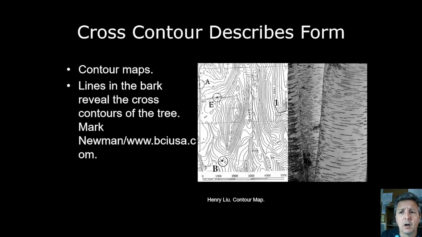So, cross-contour lines, what do they do? They provide a map of the surface of our projects or of our drawings. Instead of describing the outside, they describe the surface. A lot of times contour lines, like right here on the right side, you're going to see this aspen tree, or let's take a look at this fabric in the air by the beach.